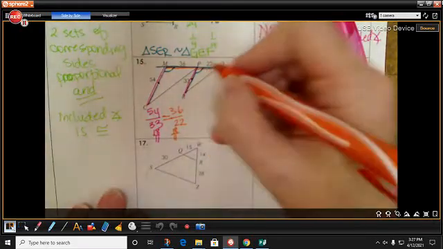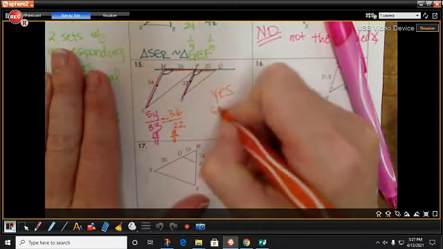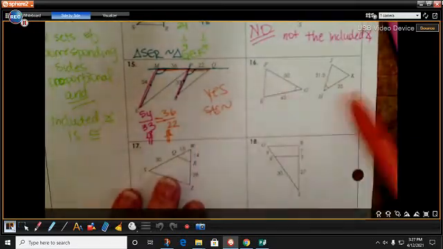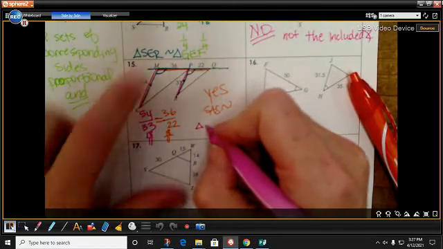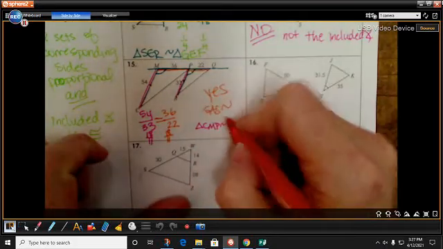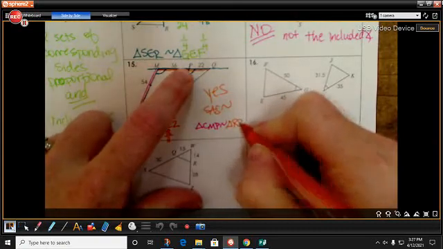And it is arranged as side, angle, side. So I do know that yes, by side, angle, side similarity, these are similar triangles. And so I'm going to go with triangle CMP will be similar to triangle, C matches up with R, M matches up with P, and P matches up with Q.